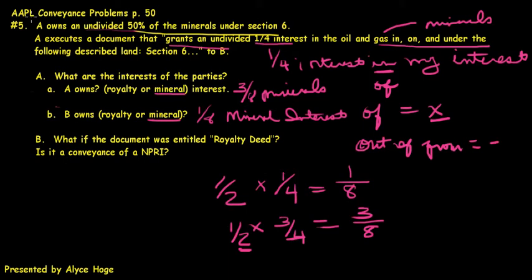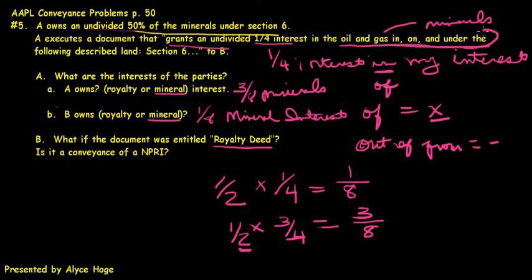Now the question is, what if the document was entitled Royalty Deed across the top? Well, if you looked at the assignments webinar, you will see that you cannot go simply by what the deed is entitled. You have to delve deep into the deed and find out the actual language.